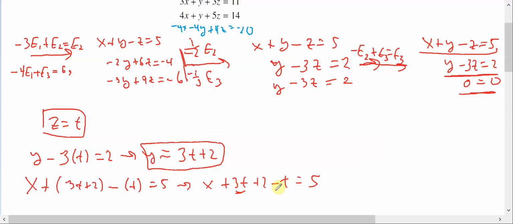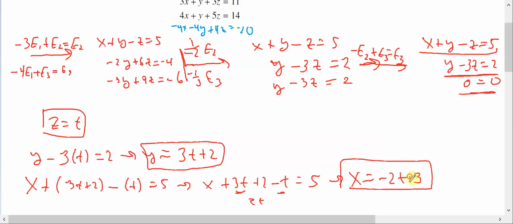So I can see over here I've got 3t minus t, that's going to be 2t, but I'm going to bring it to the other side. So that's going to be x equal, when I bring it over there's going to be a minus 2t, and then this 2 is going to come over as a negative 2, so I believe I'll have a positive 3. So if I did everything right, it's a positive 3.